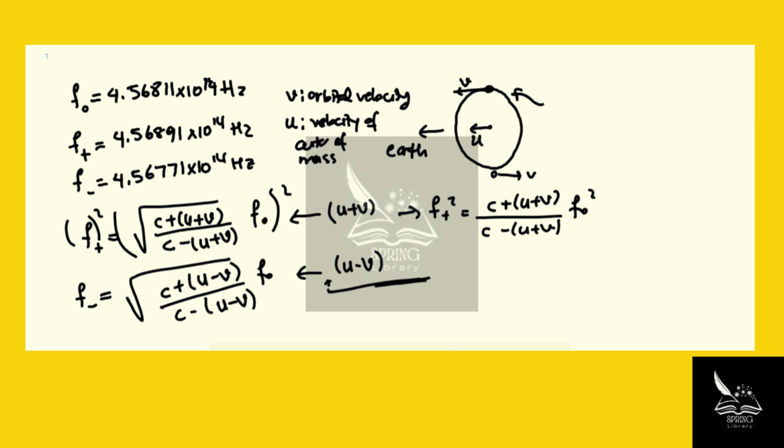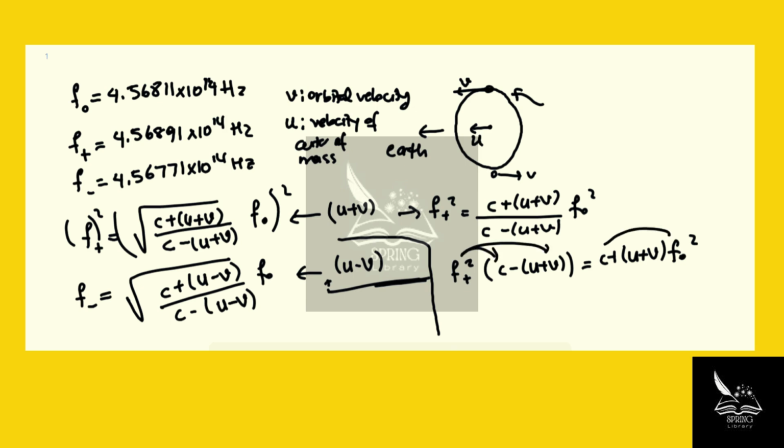What we have is F plus squared times C minus U plus V equals C plus U plus V, F naught squared, right? And now let's actually redistribute these.